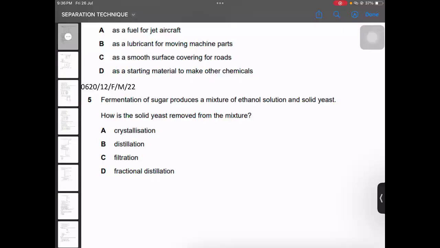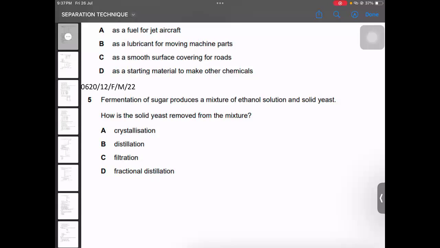I was asking, how can you say that the answer is C? Why is this filtration? Are you getting this question?